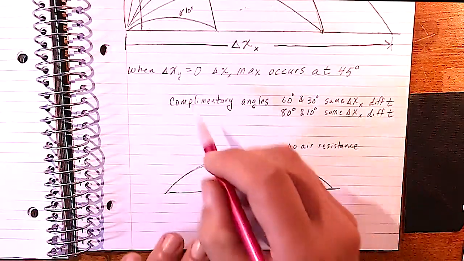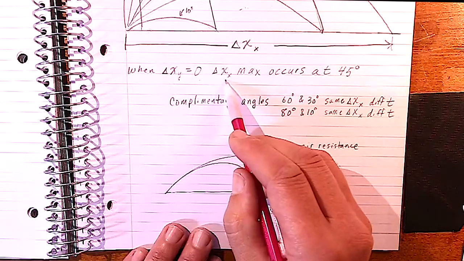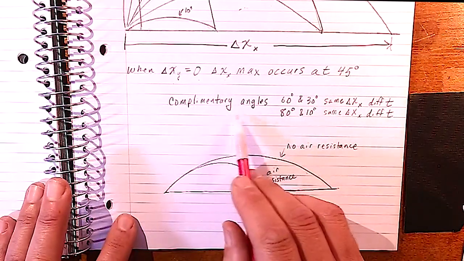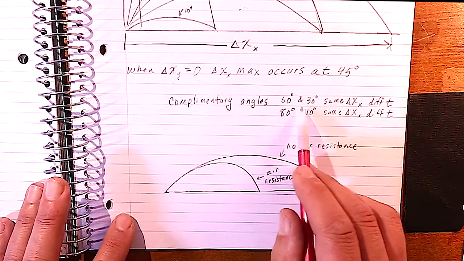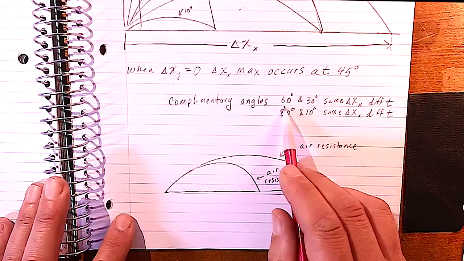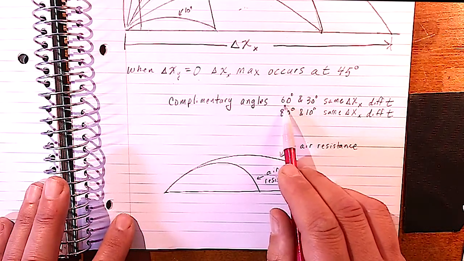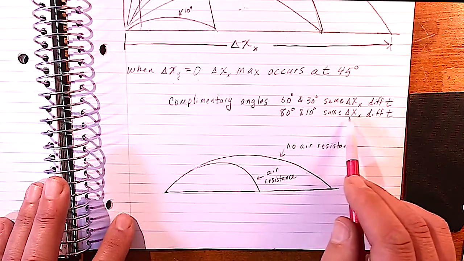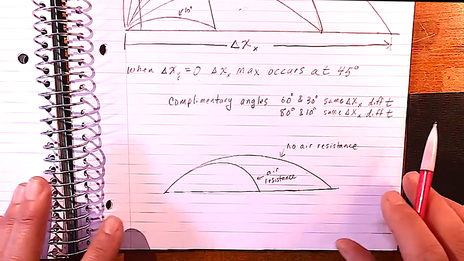So when delta y is 0, delta x max occurs at 45 degrees. And the complementary angles, 60 and 30, will produce the same delta x, but the 60 degrees will produce greater height and greater time. The same for 80 and 10. Same delta x, but different times.